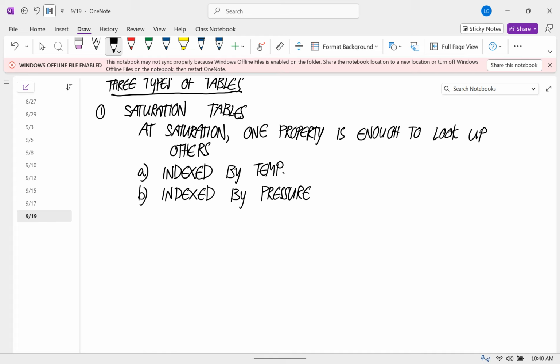The second type of table is a compressed liquid table.